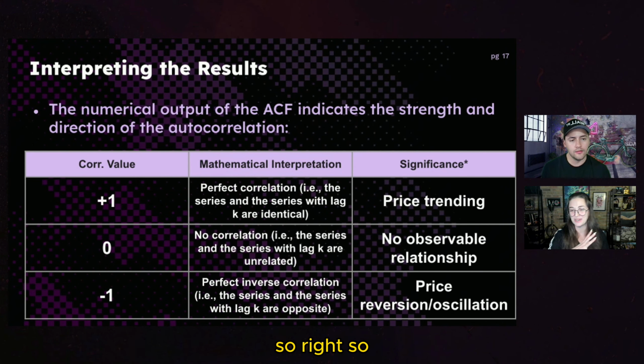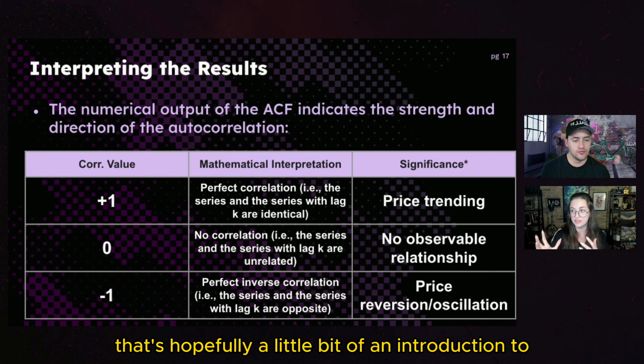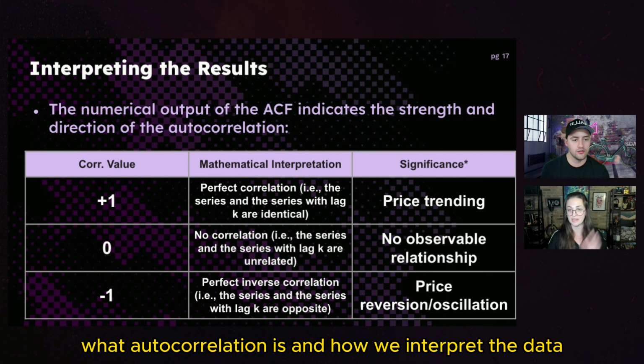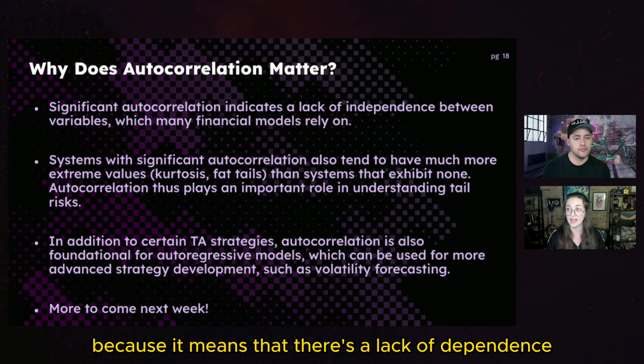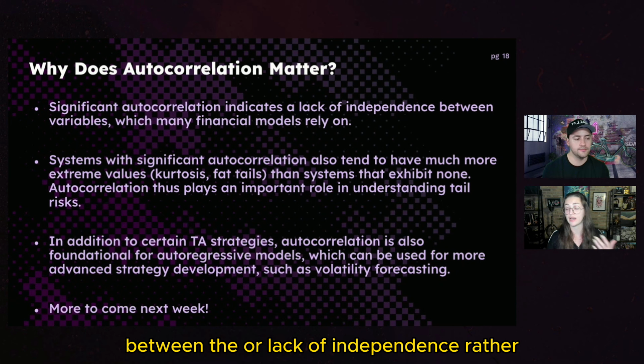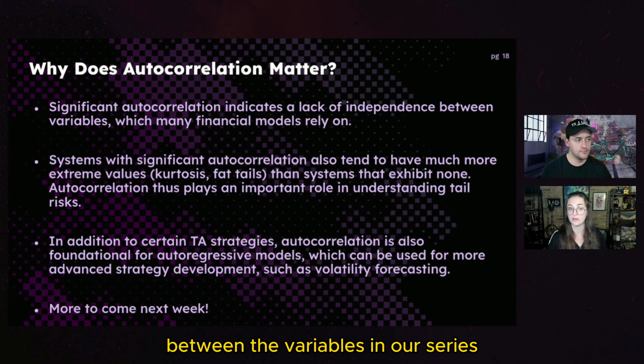So that's hopefully a little bit of an introduction to what autocorrelation is and how we interpret the data. Why does this matter? From a statistical perspective, autocorrelation matters because it means that there's a lack of independence between the variables in our series.